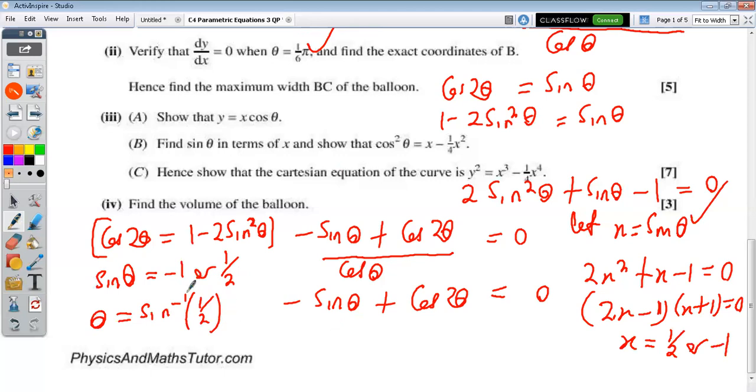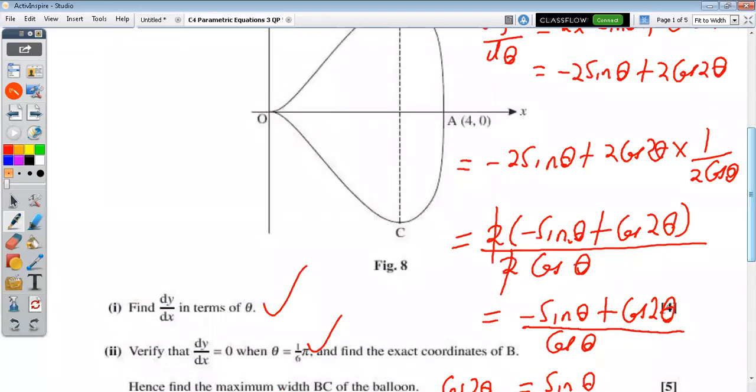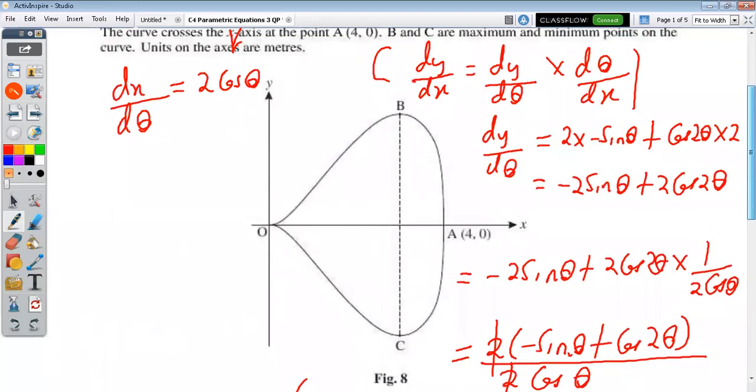Arcsine of half is 30 degrees. 30 degrees is pi over 6, and your calculator will give you that straight away in radians if you do this. Pi over 6. Exactly.